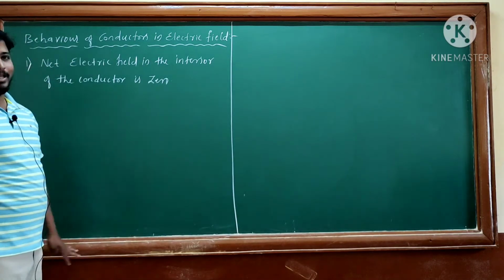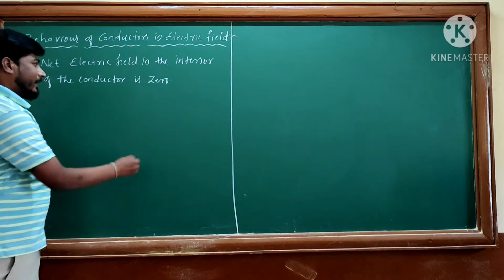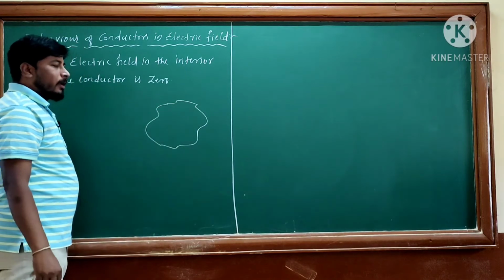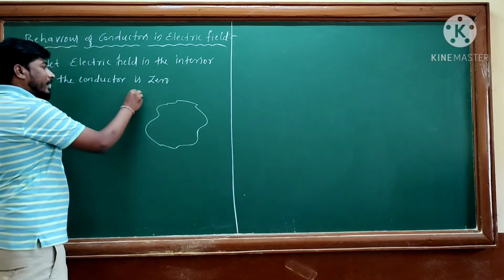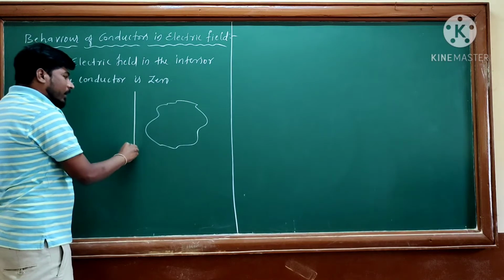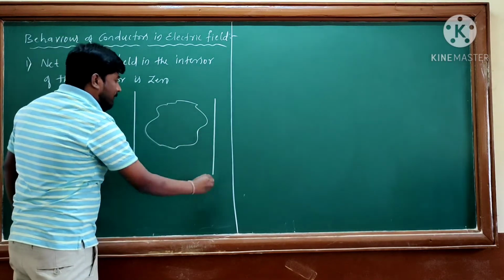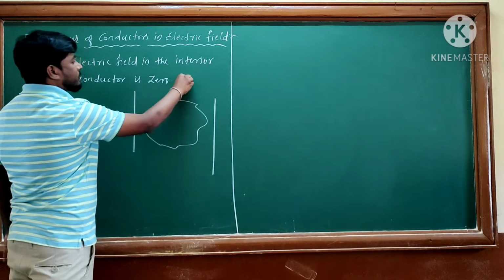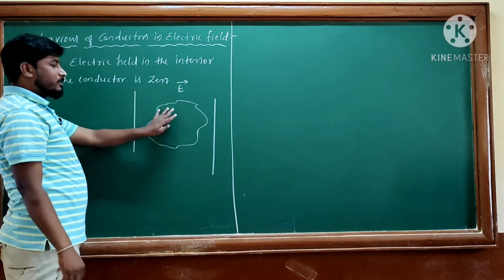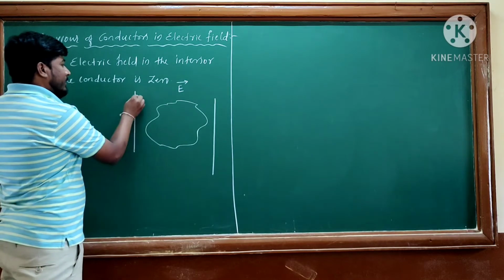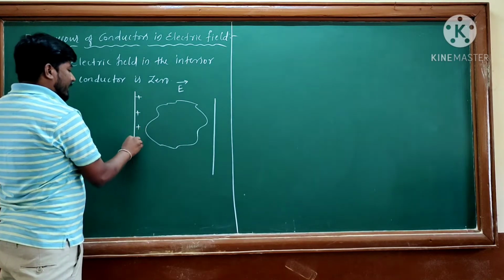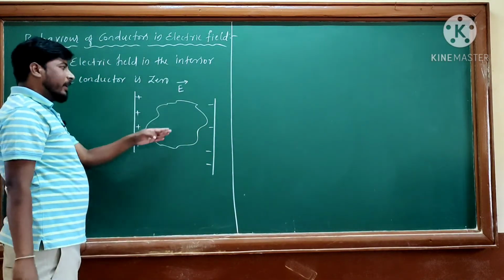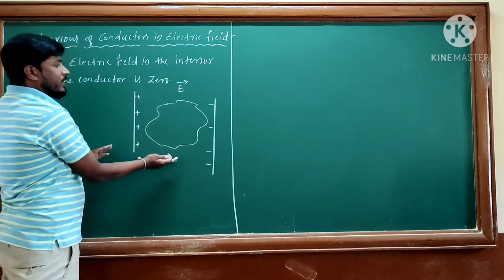What does this statement mean? Say that there is a conductor, and this conductor is placed in the presence of the electric field. This is the electric field, and in this electric field I have placed a conductor.